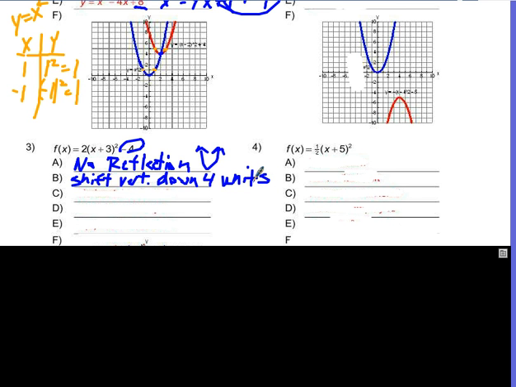Then we're going to decide if there is a horizontal shift. We look here, it's the opposite of what it should be, so that's plus 3. So this is going to shift horizontally left 3 units.